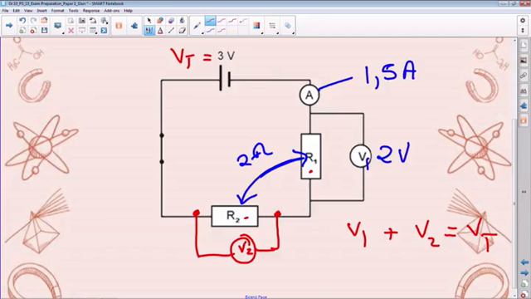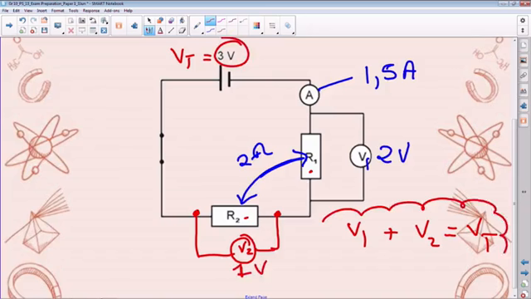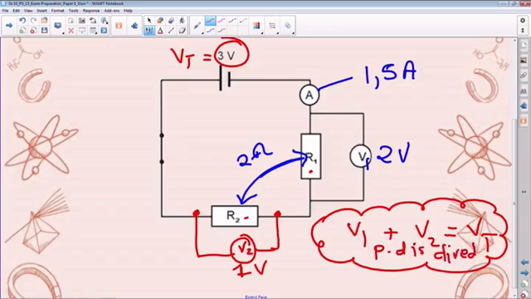But because these two have unequal resistances in terms of magnitude, if this one is 2 volts, this one must be 1 volt, so that the total of the two gives us exactly the total voltage. Hence we say that any series circuit is a potential divider. The PD is divided.